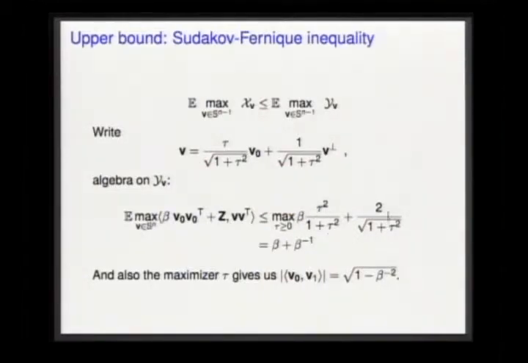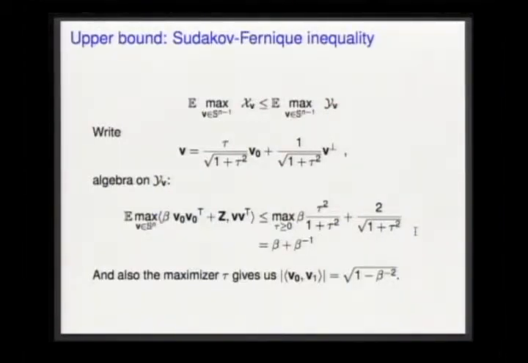The good thing with this real function is that you can find the maximum pretty easily. You just take the derivative and set it equal to 0. And it turns out that when you do the computation, you get that this value is always smaller or equal than beta plus 1 over beta, once beta is larger than 1.